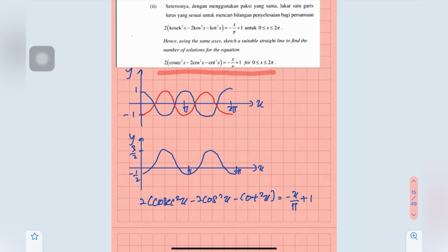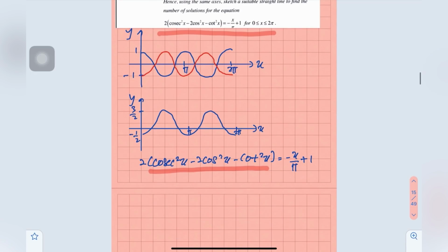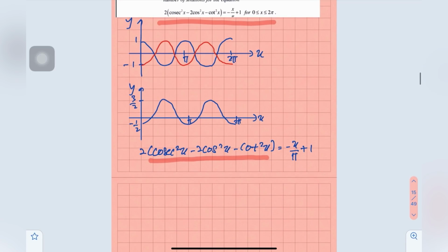Okay, tadi daripada A yang this one is sama dengan negatif cos 2x. So, ni daripada A kita masukkanlah. 2 times negative cos 2x sama dengan negatif x over pi plus 1.